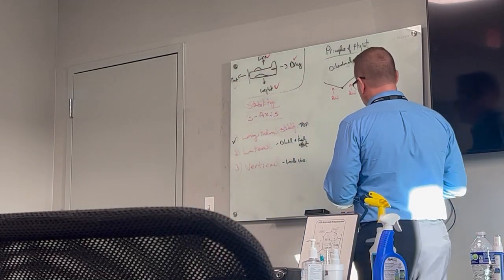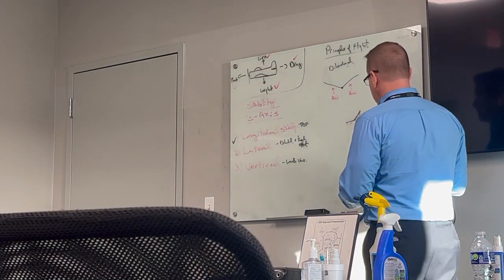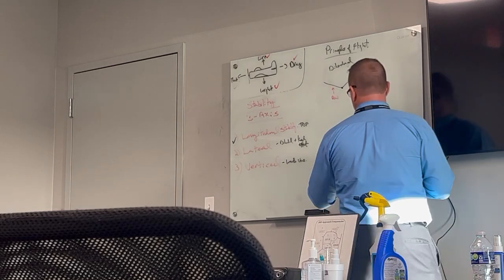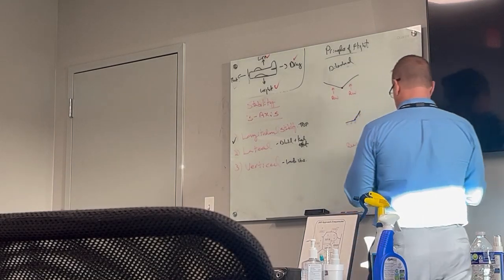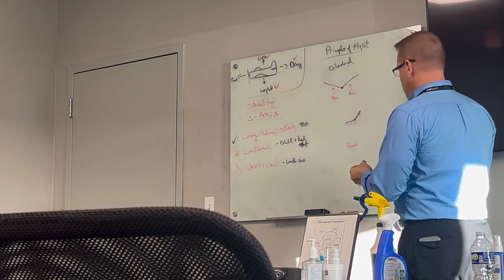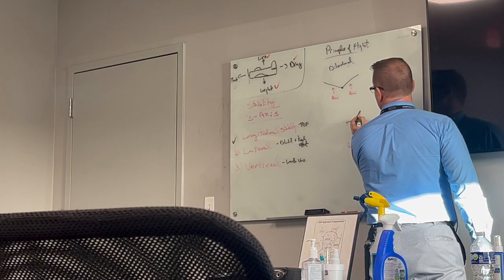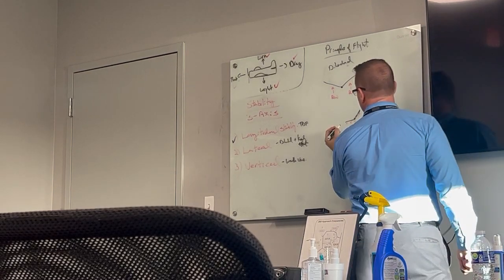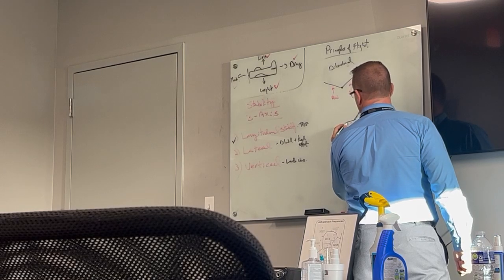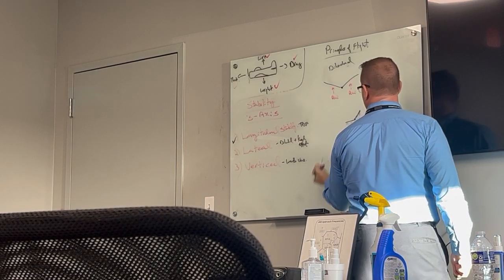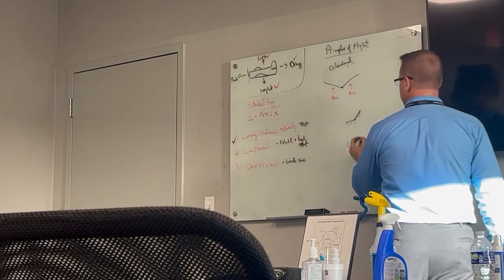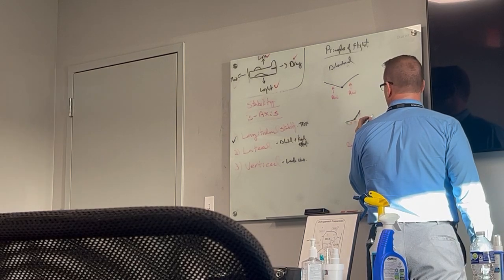So what that does is it shifts that relative wind, and you can see here there's a certain angle, but you can see here that there's a much bigger angle.